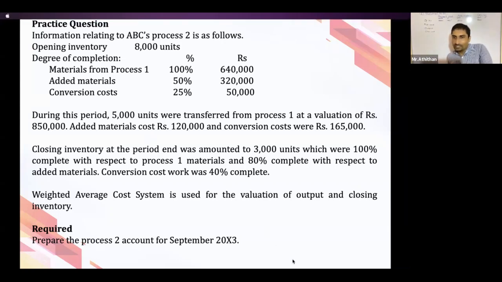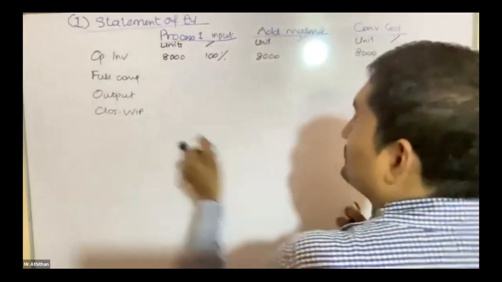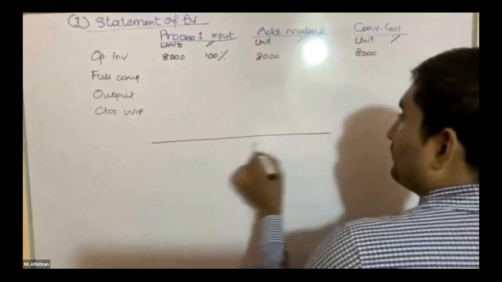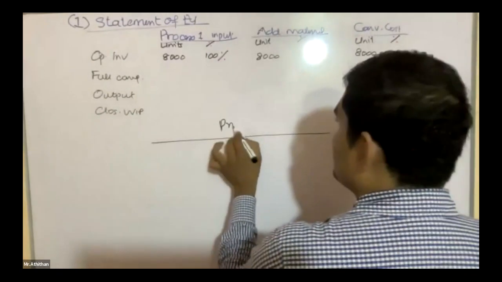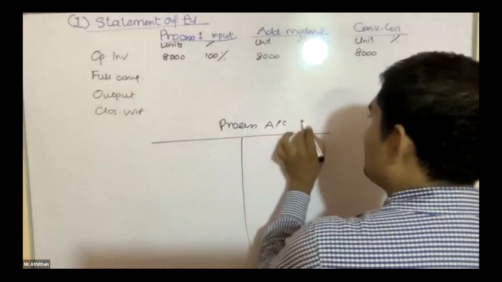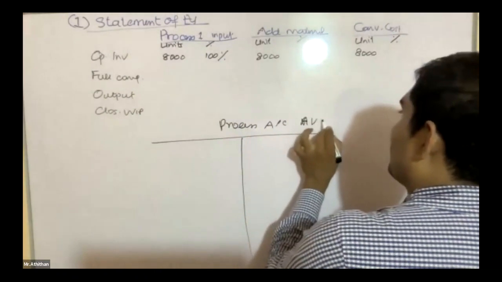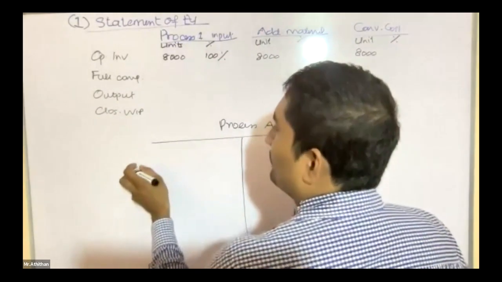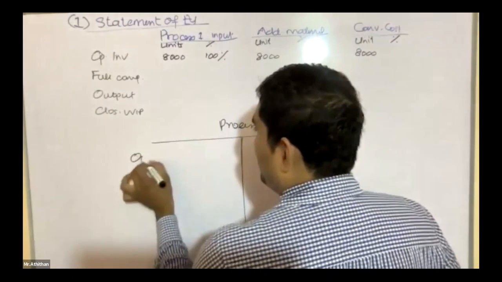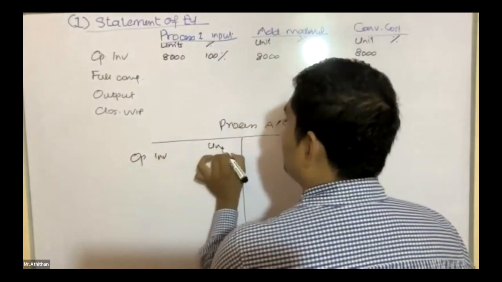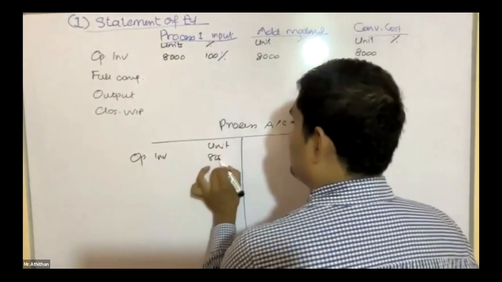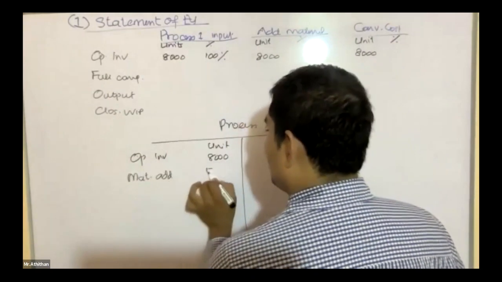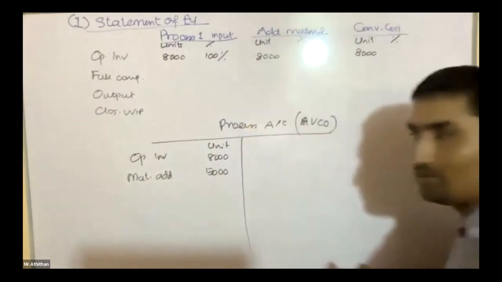So if we see this, 5,000 new input, process account, average cost method, input, opening inventory unit 8,000, material added 5,000, right?